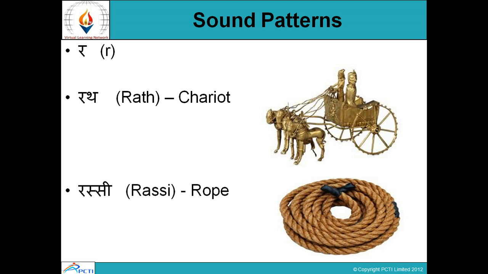Now we have many automatic vehicles, so we have fewer chariots these days. In ancient times, this was a vehicle used by people to travel from one place to another. Chariot. It is called Rath.